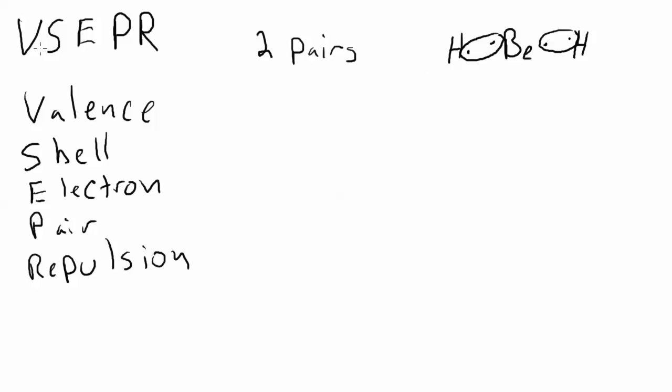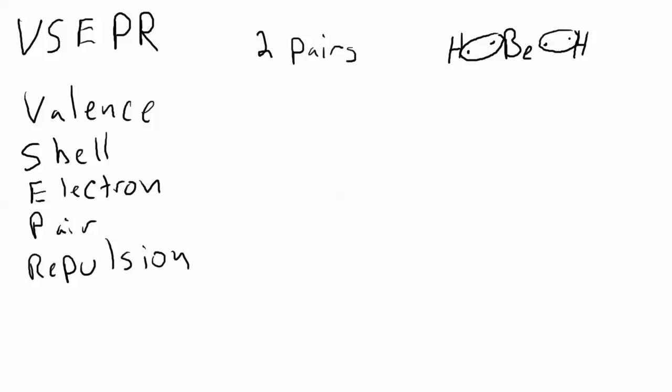So what we have now, you have two shared pairs. It doesn't matter if they're shared or not, but in this case you have two shared pairs of electrons around beryllium. So there's 1, 2, and beryllium doesn't have any other valence electrons, so there are no other electrons at play here, whether they're shared or not.